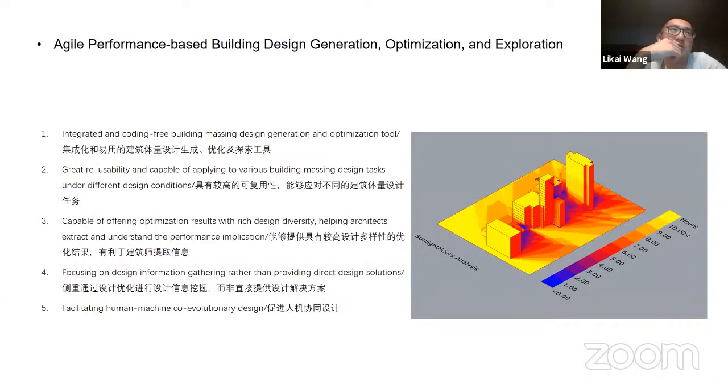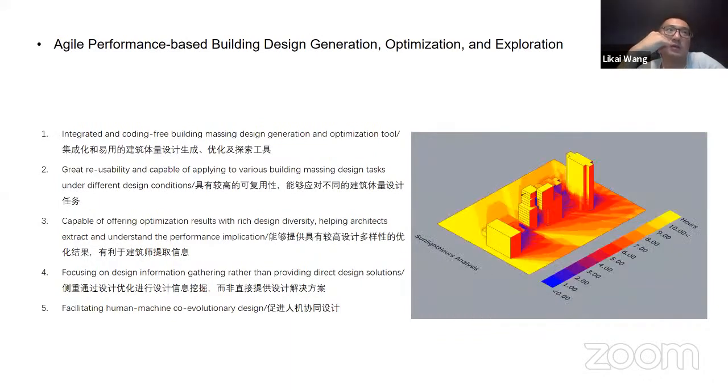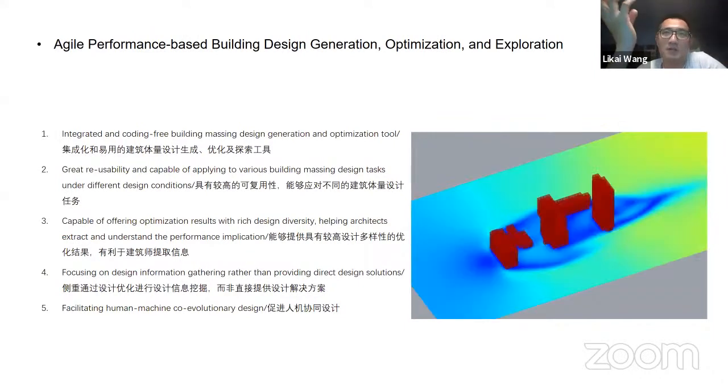And the second feature is that EvoMass has great reusability and is capable of being applied to various building massing design tasks under different design conditions. This is because EvoMass is a generic design generation algorithm.